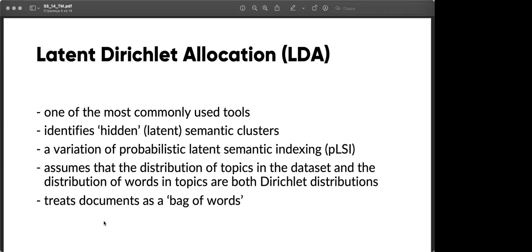Basically, PLSI is a more broad version of what LDA is, a tool that works by assuming or modeling some distribution of topics in the data set, and again, of words inside those topics, to approximate a preset distribution, and just like that, we form our clusters.